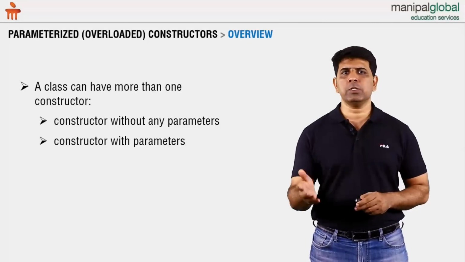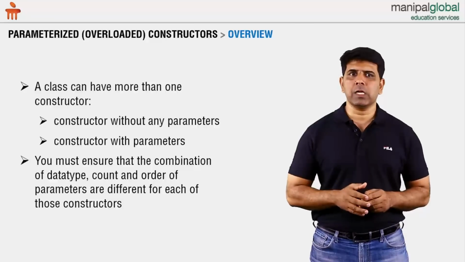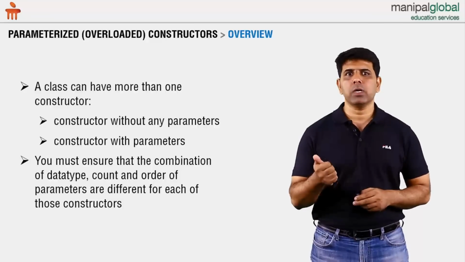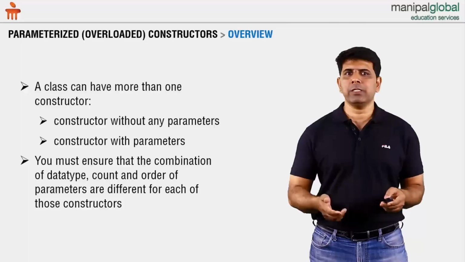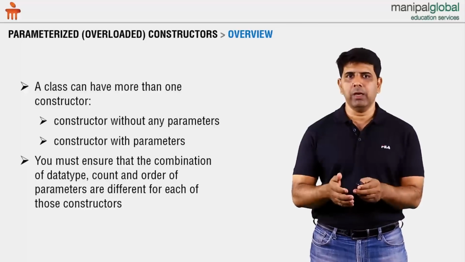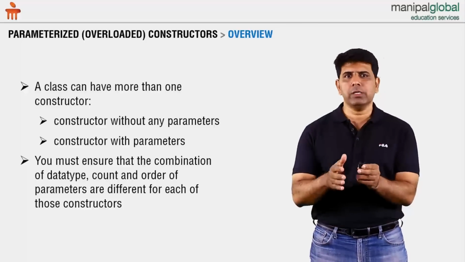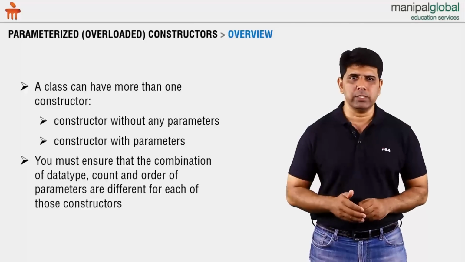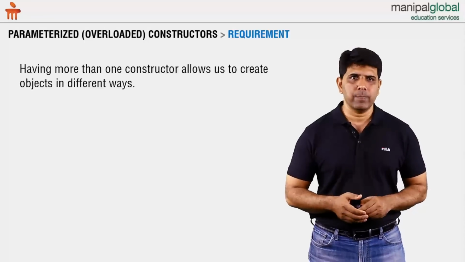There can be constructors with parameters. You must ensure that the combination of data type, count, and order of parameters is different for each of the constructors. The name of the constructor is always the same, so the signature here corresponds to the parameters.